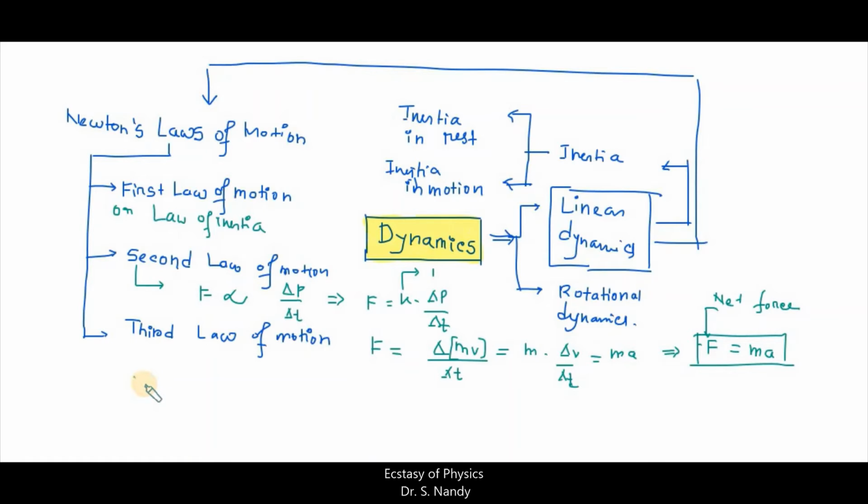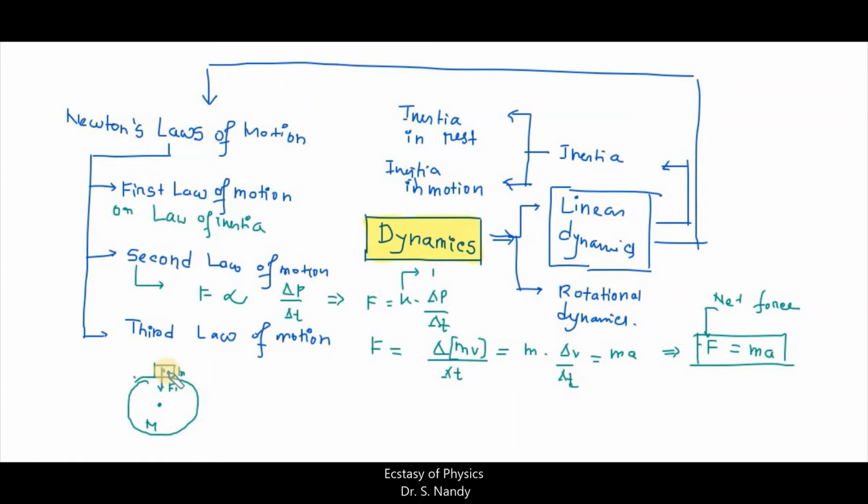Now, for example, let's say this one represents the earth. Any object placed on the surface of the earth, we can consider its mass as m. Now the mass of the earth we can consider as big M. The object is attracted by the earth towards the center of the earth by the gravitational force, which we can consider F12.